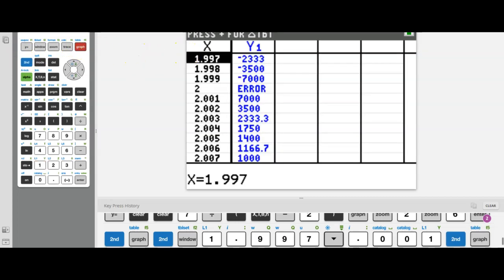So we can see as we get closer to 2 from the negative side, these numbers are getting more and more negative. And as we approach 2 from the positive side, they're getting more and more positive. So that shows us that they're increasing or decreasing without bound, which means that they're moving towards positive and negative infinity.